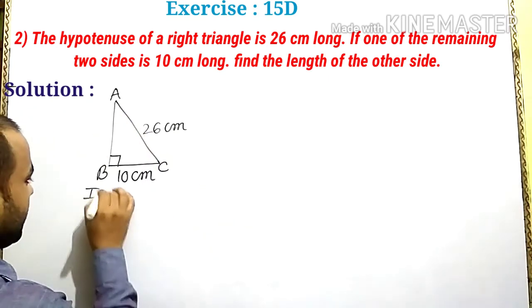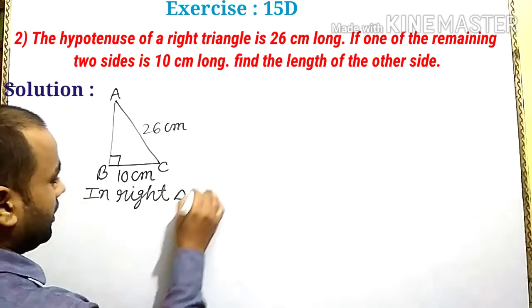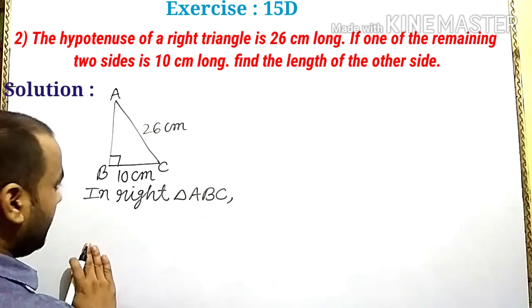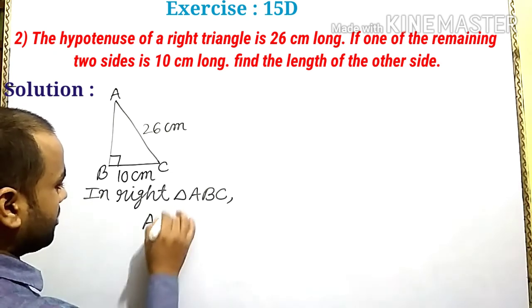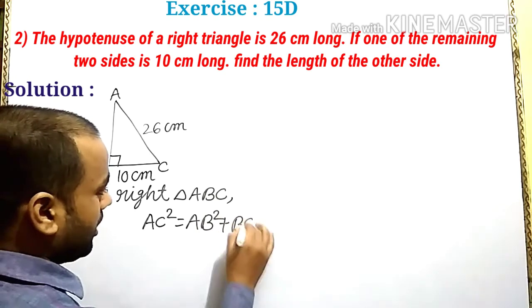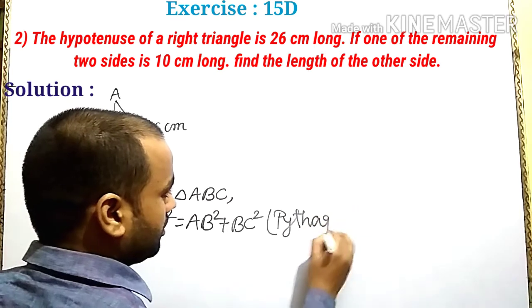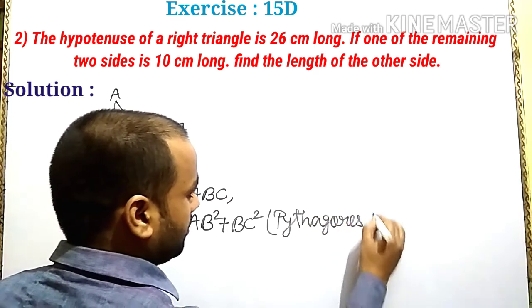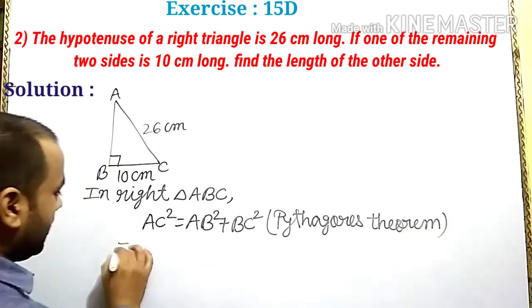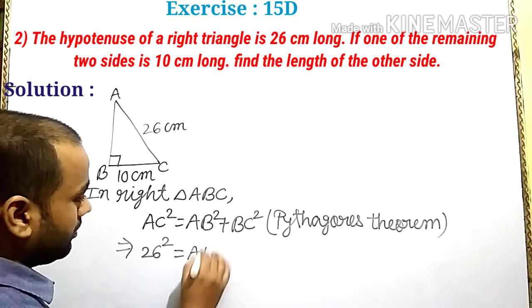So in right triangle ABC, AC square is equal to AB square plus BC square by Pythagoras theorem. Here AC is equal to 26, squared. AB to find out.